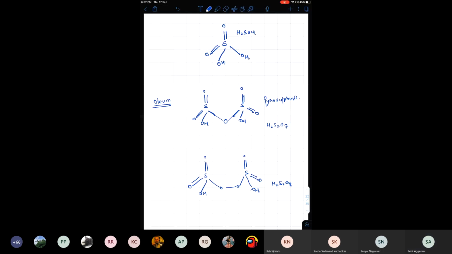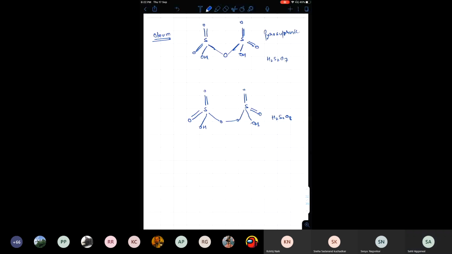Done? This will be called peroxosulfuric acid. It is also called Marshall's acid. This name is important. This is also important. Marshall's acid.